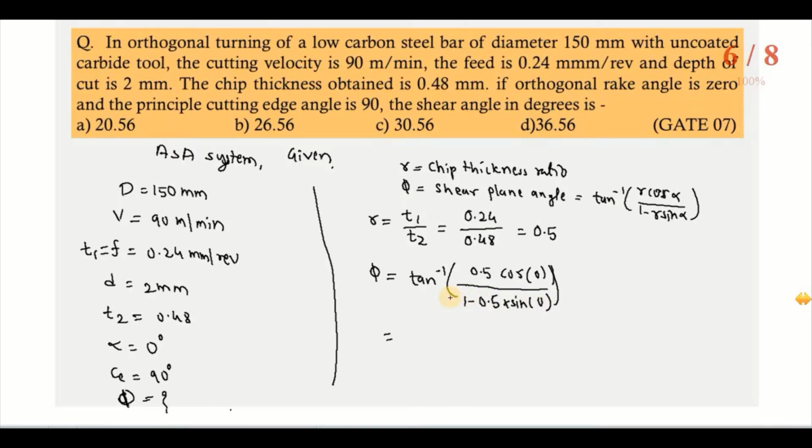Put these values in the GATE Virtual Calculator. If you are not comfortable writing the whole equation in the GATE Virtual Calculator, then solve the numerator, then the denominator, and whatever ratio value you get, put it in tan inverse, then you will get your answer. If you put all these values in the GATE Virtual Calculator, you get phi as 26.56 degree, which is option number 2.